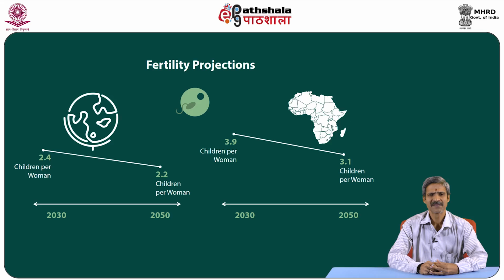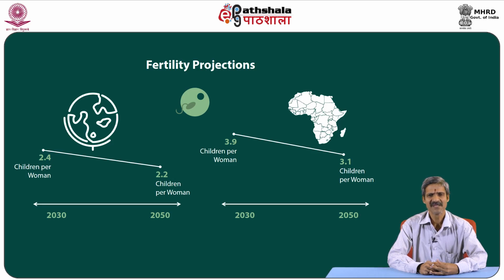Let us now look at the fertility projections provided by the UN. At the global level, total fertility is projected to decline to about 2.4 children per woman by the year 2030, and it is projected to reach 2.2 children per woman by 2050.